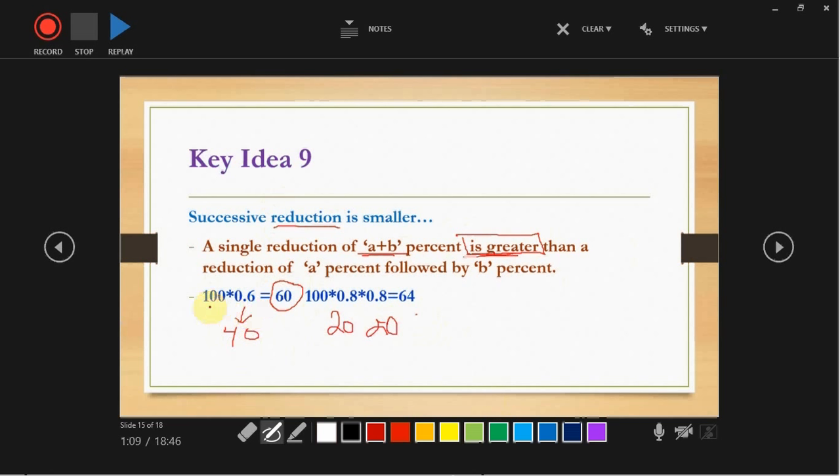Here 100 is reduced by 40, there only by 36. Thus a single reduction is always greater. In the case of increase, a single increase is always smaller, whereas in the case of reduction, a single reduction is always greater.